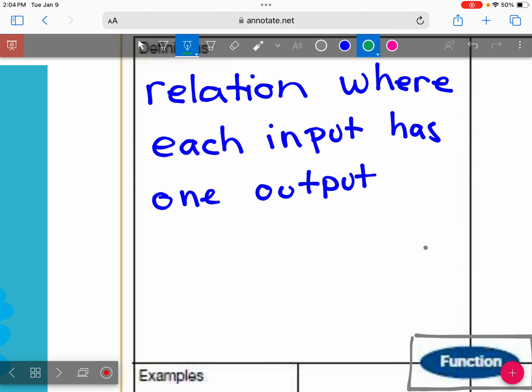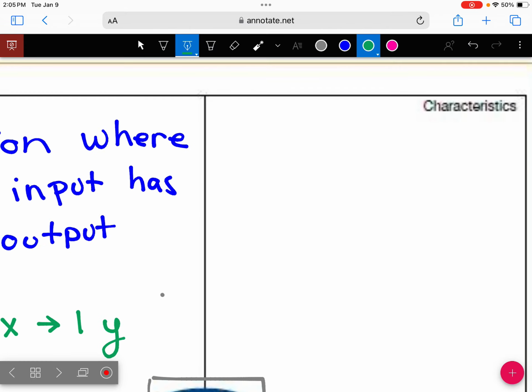Or the other way to think of it is each x goes to only one y. So there's a few different ways you can check for it.